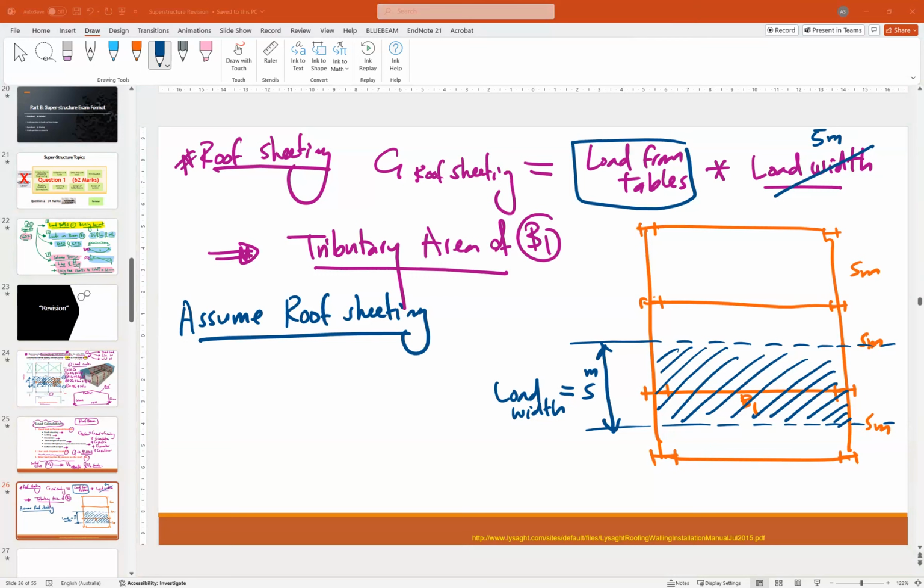Have you used the roof sheeting table before?